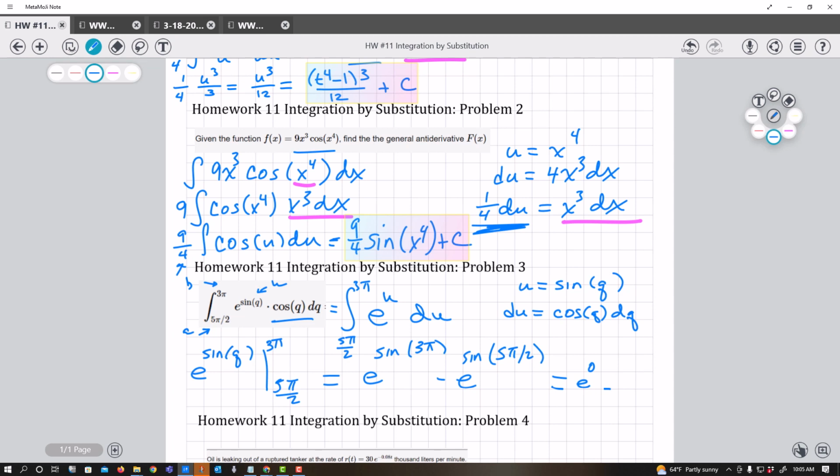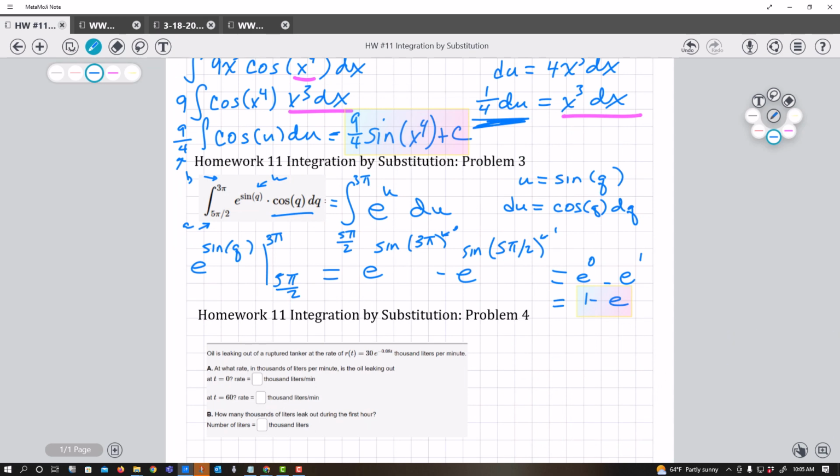And then if you put sine of 5 pi over 2, you will see that this piece is 1, so you actually get, finally, the final answer, just 1 minus e. You can put this all in your calculator and get an actual decimal, that is fine, but I'm just showing, because some of y'all are like, why isn't it counting it right? It's not, because it's not telling me how to round, because it wanted an exact answer.